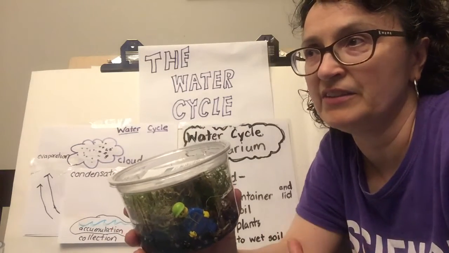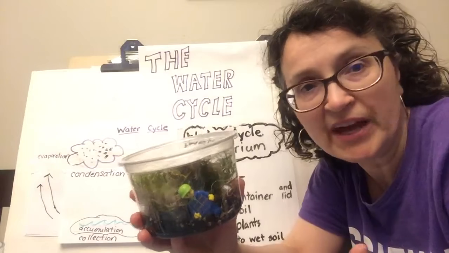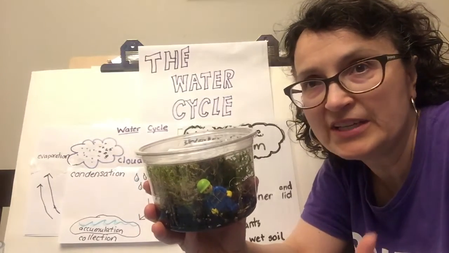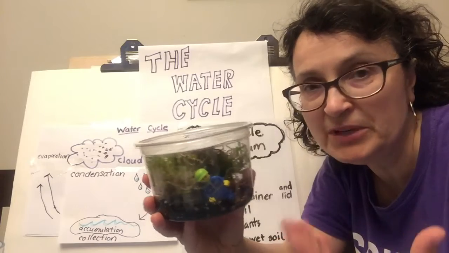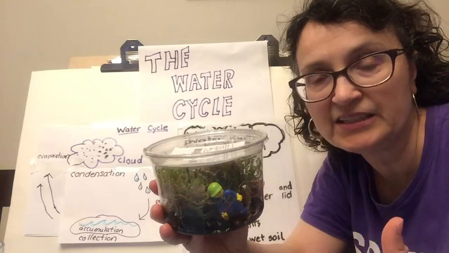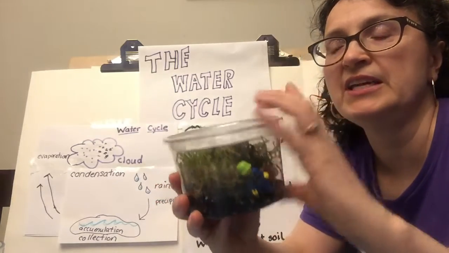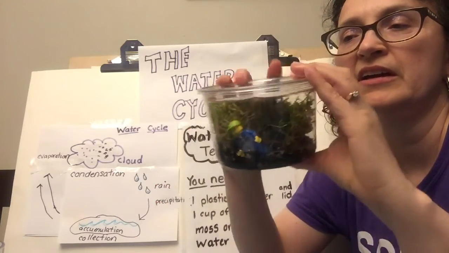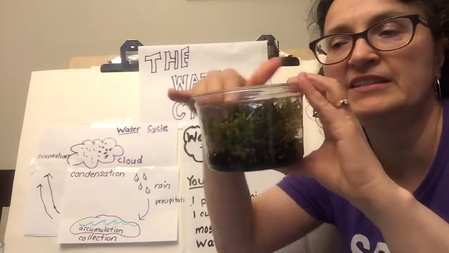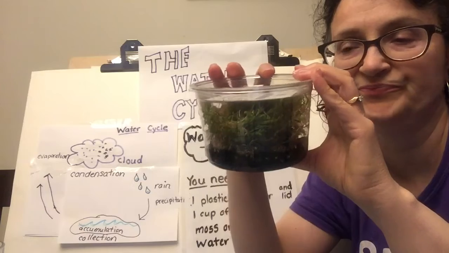We have the same water on our planet that we've had for millions of years. Our water doesn't disappear. It doesn't fly off of our planet. So we want to keep all the water in our little indoor water cycle inside of the container.